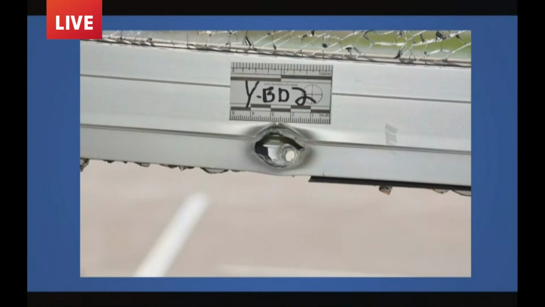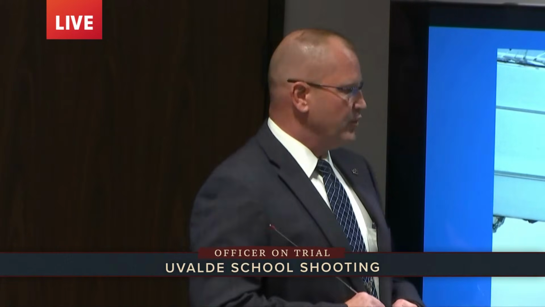And Exhibit 191. It's going to be a closer view of the bullet defect. And the defect on the opposite side of that window frame, does it appear smaller than the defect on this side of the window frame? It does. And what's the explanation for that? When a bullet passes through a surface, depending on lots of factors, depending on the surface it's passing through, depending on the bullet itself, typically a bullet sometimes will expand as it goes through a surface like this.